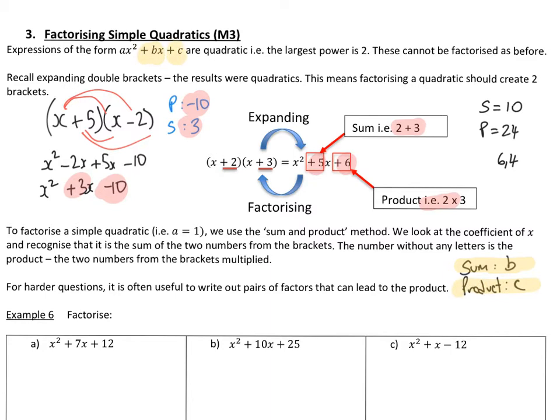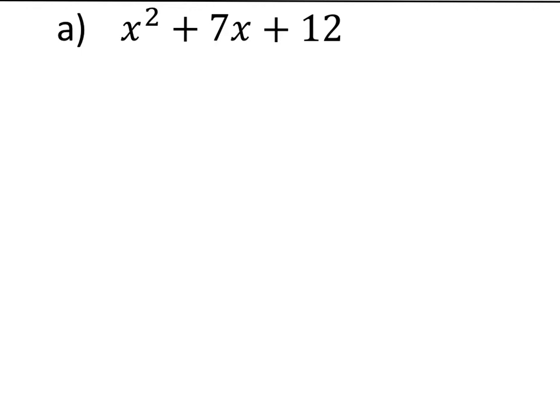So let's look at these examples. Example A, factorise x squared plus 7x plus 12. So the sum is 7, the number of x's that there are, and the product is the number term, so that's 12. What we need to do is try and come up with numbers that multiply to 12 and add together to give 7.